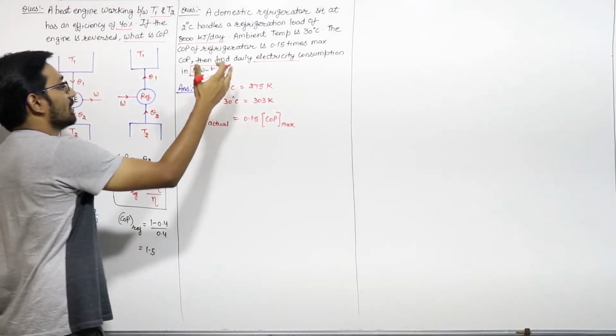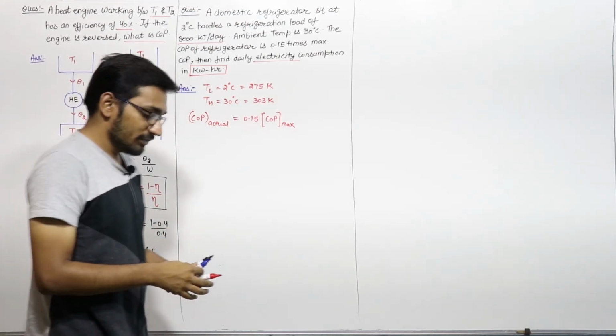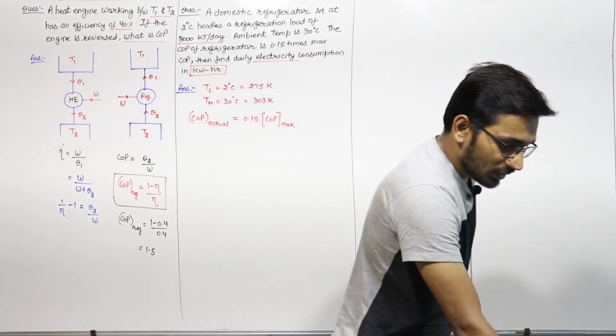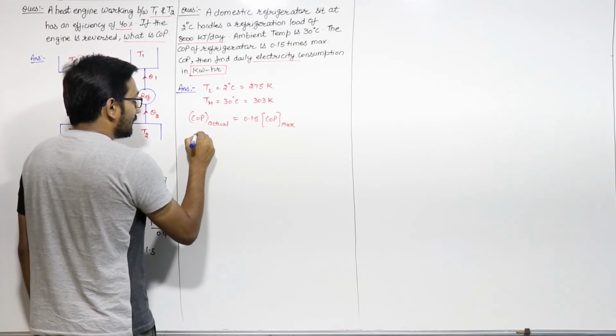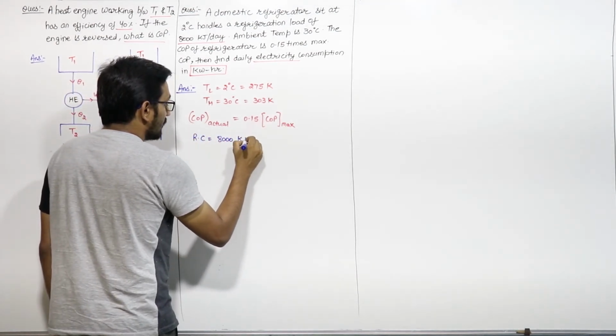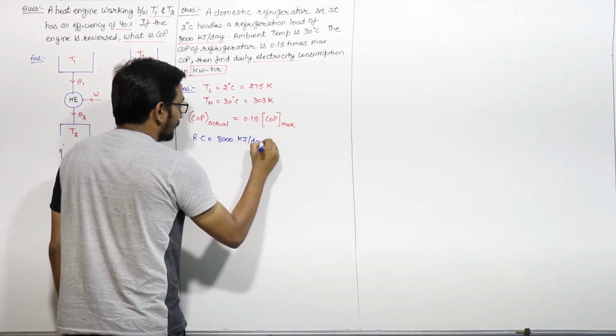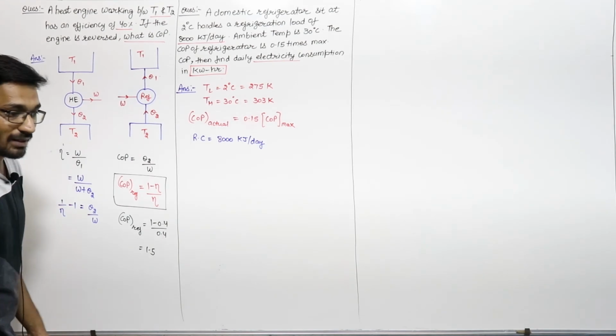This is important. In kilowatt hour, we have to find the daily consumption of electricity. So as per the question, the refrigeration capacity is given as 8000 kilojoule per day, that is, in 24 hours.